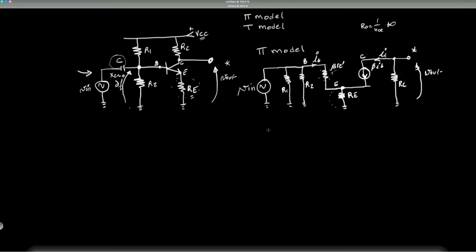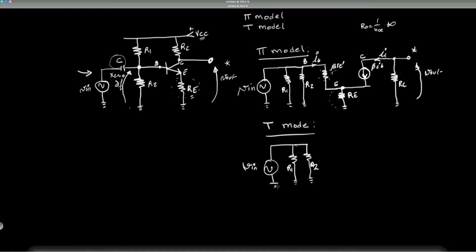Okay, how about the T model? Okay, so this was the pi model, and now we're going to look at the T model. Same thing, we have a source, Vin, R1 in parallel with R2. Now, in a lot of publications, you might see RB representing these two in parallel as one resistor.